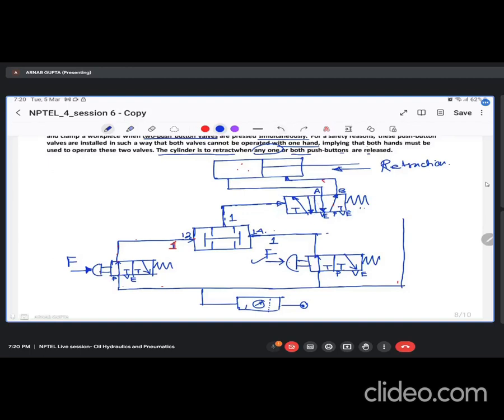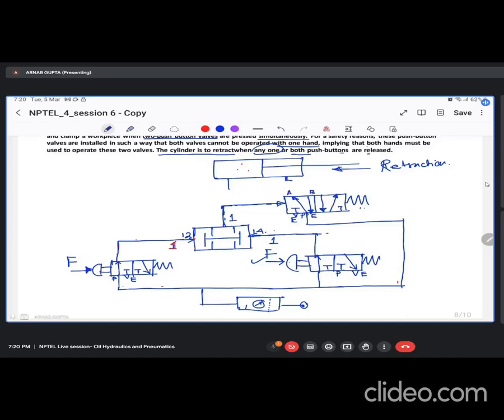So I have to change, so your pressure port is connected to A and B port is connected to the exhaust port.